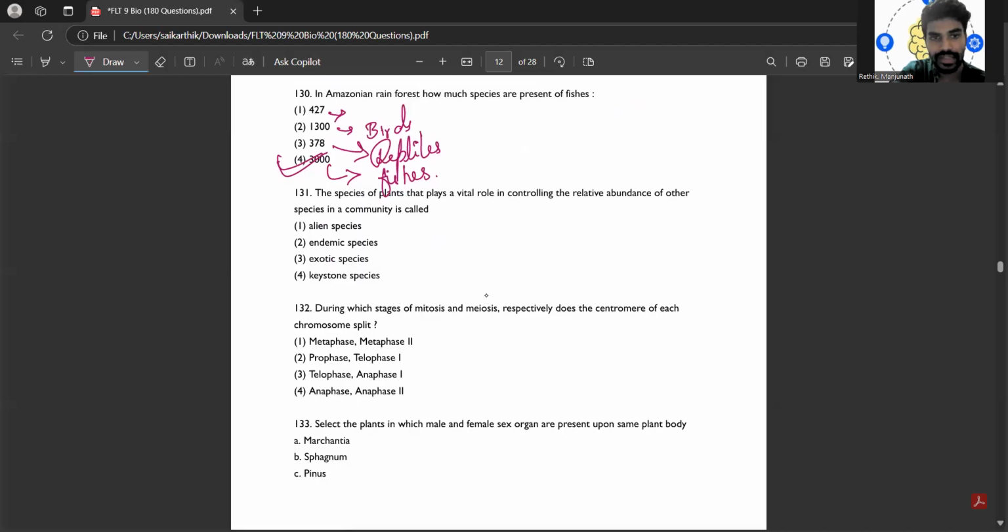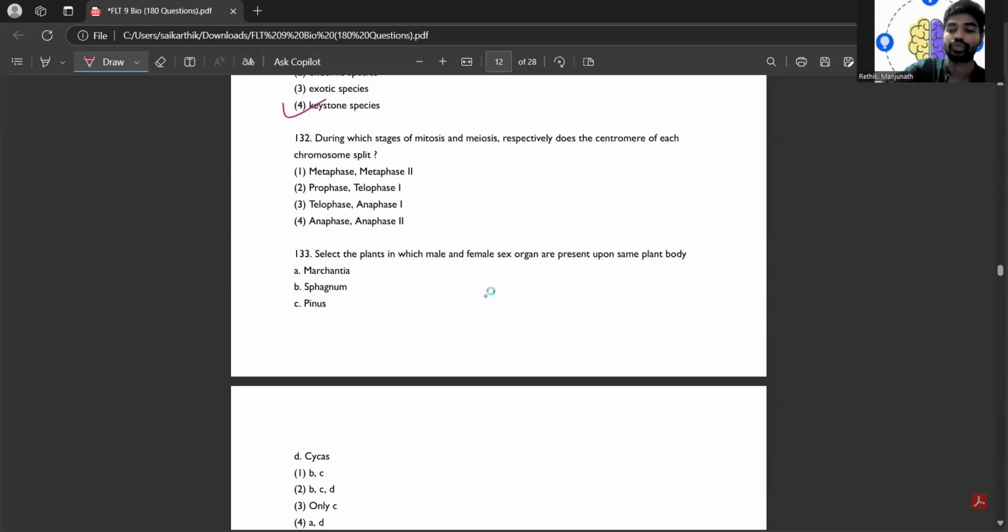131 says that the species of plant that play a very important role in controlling the relative abundance of other species in a community is actually called what? Keystone species, right? Okay.